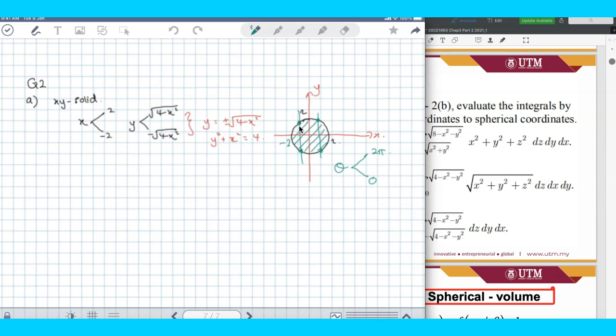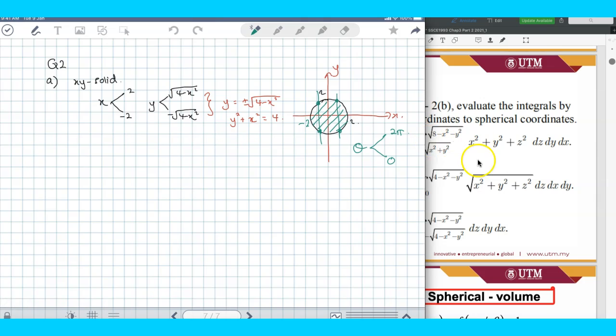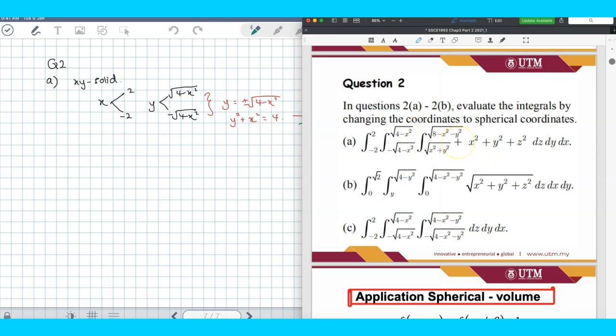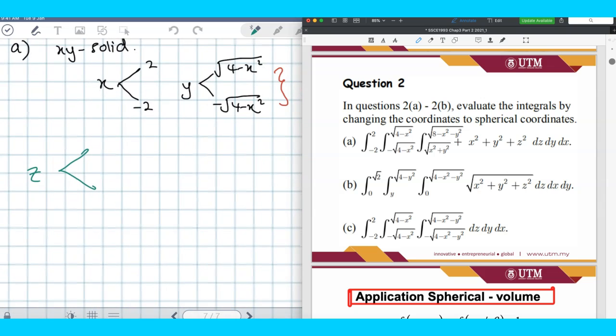Okay, now we want to get the solid. The solid gives you the limit of z. The lower bound of z is square root of x squared plus y squared, and this one is a cone.